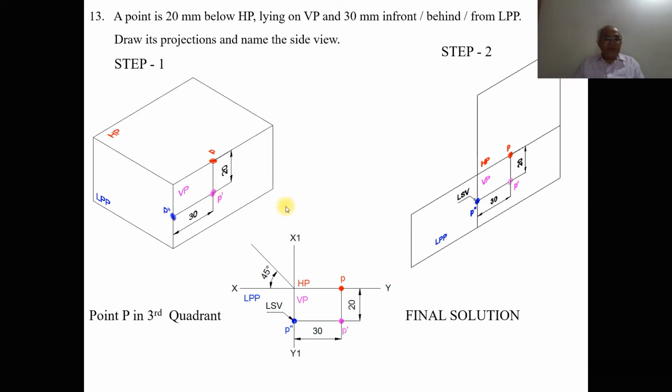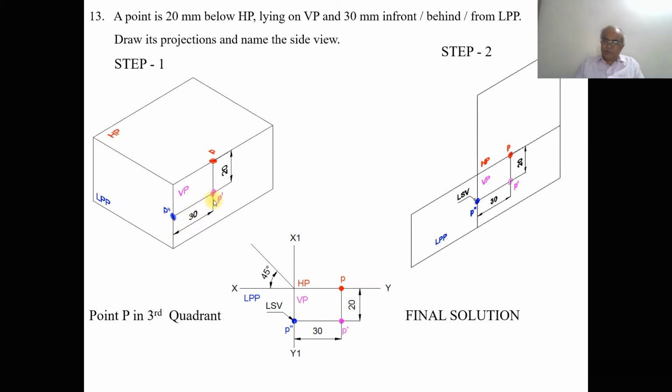When you look from the front view, I can see the distance below HP, and also I can see the distance behind VP, behind LPP. We can see both. So the distance below HP is 20 mm, you can see here, and also 30 mm behind LPP.